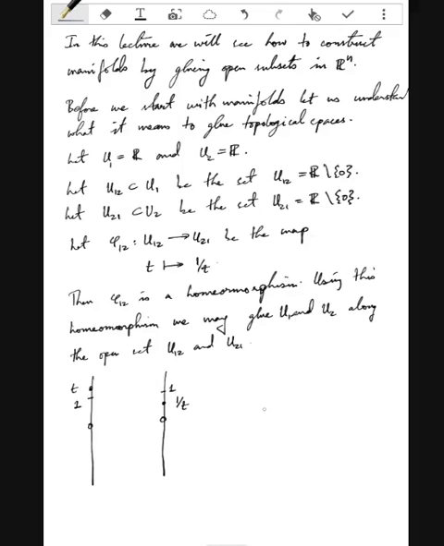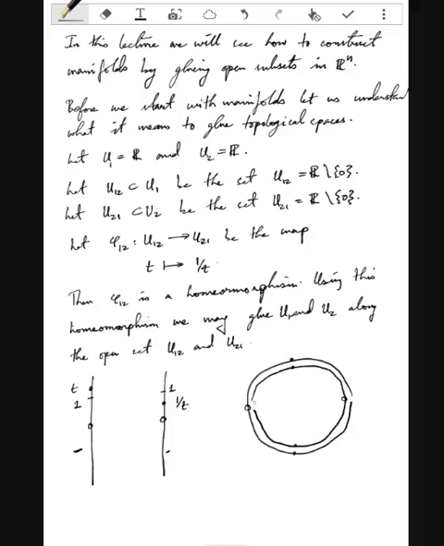So if we view this copy of R like this, and this copy of R like this, then it's easy to see that this point here is getting identified with this point, and this point here is getting identified with this point.